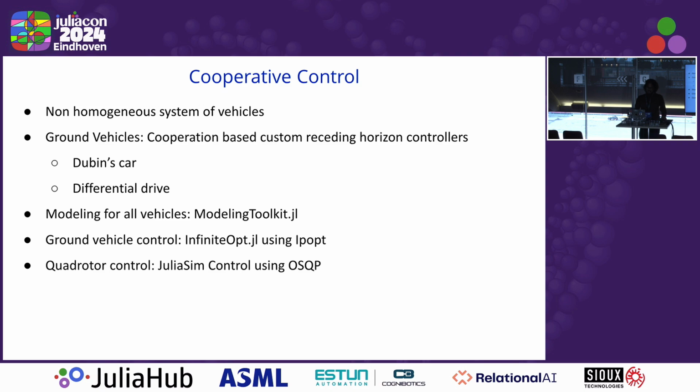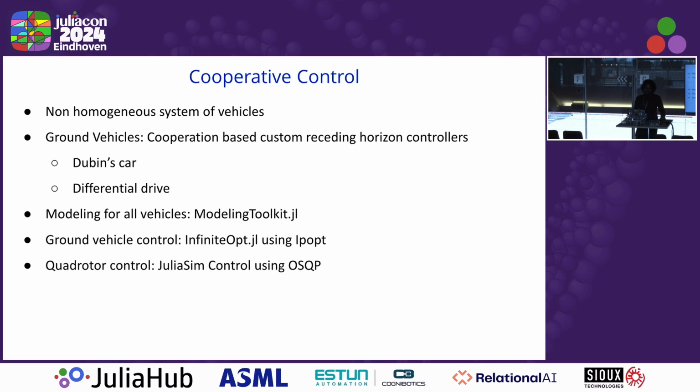Now I want to focus on talking about the cooperative control aspect. We look at a non-homogeneous system of vehicles. By this we mean that the dynamics of each of these vehicles are different from the other. We consider a quadrotor and 2 ground vehicles for same time, or simultaneous, rendezvous.